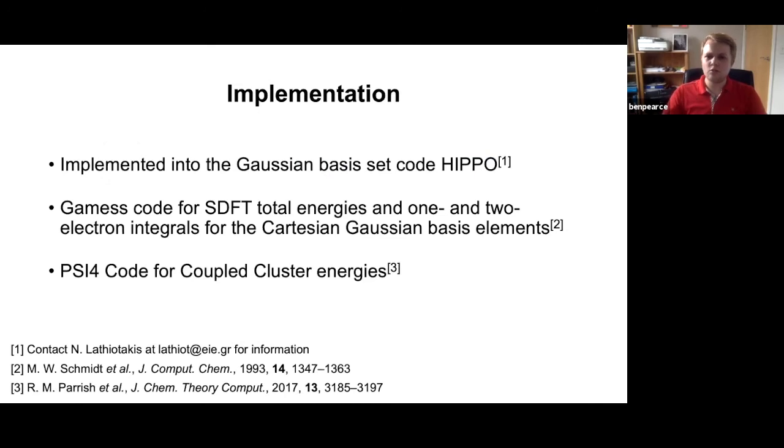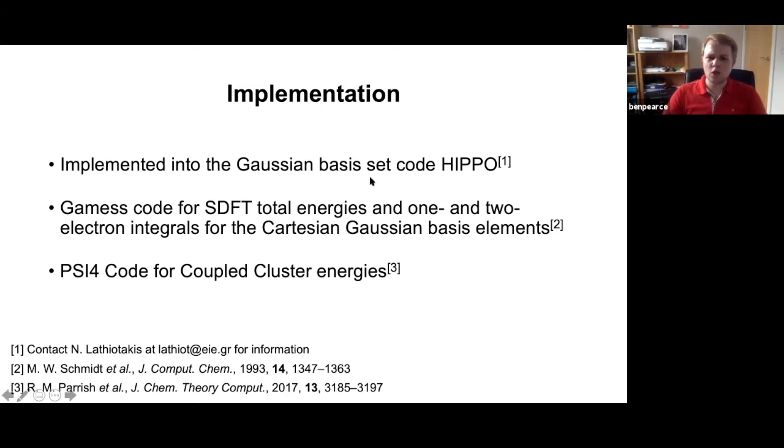In order to implement these density functionals, we modified the Gaussian basis set code HIPPO, which was originally developed by Nektarios and his group over in Athens, and that's been modified extensively by the group that I'm a part of over in Durham.